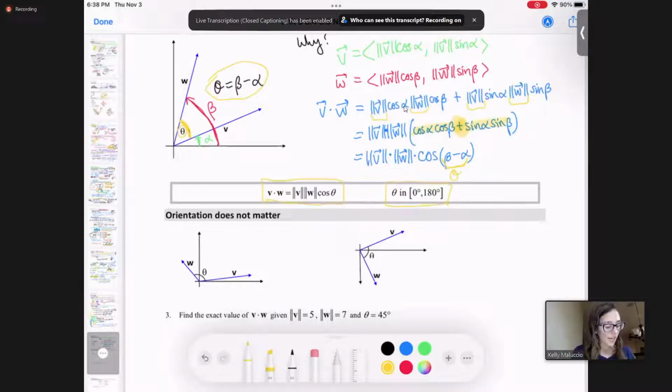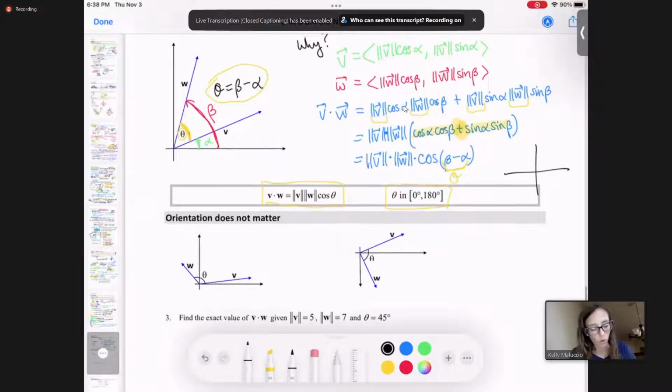Well, in this case, if we have two vectors pointing exactly opposite ways, the angle between them is 180. If it was a little bit off, I would not look at the large angle. I would look at the smaller angle between them, if this makes sense. So no matter what two vectors you have, the angles will always be between 0 and 180, or those are the ones we will use, right?